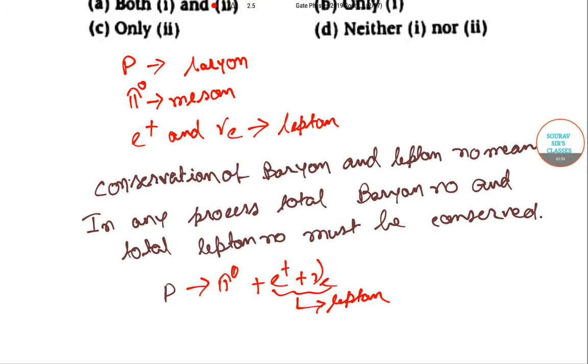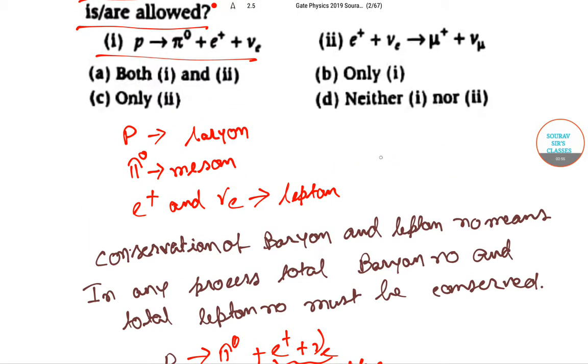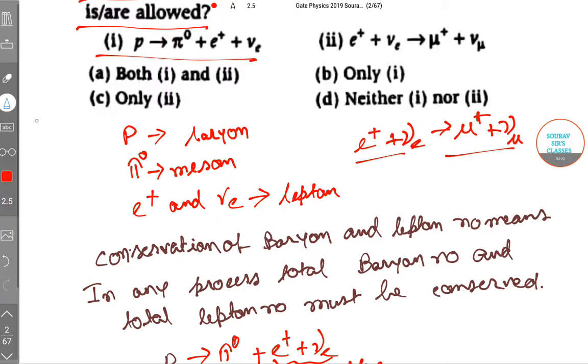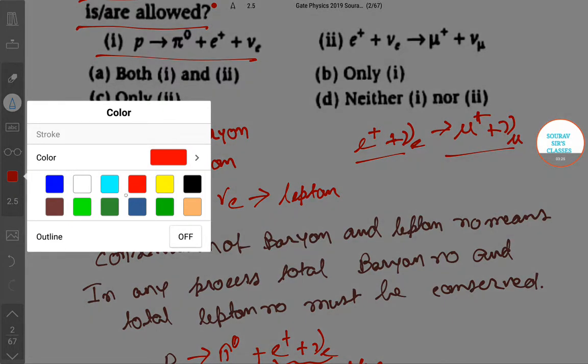For the second reaction, here this electron E plus is a lepton and nu E, the electron neutrino, is also a lepton, tending to myon plus and myon neutrino. These are all leptons, on both the left hand side and the right hand side.